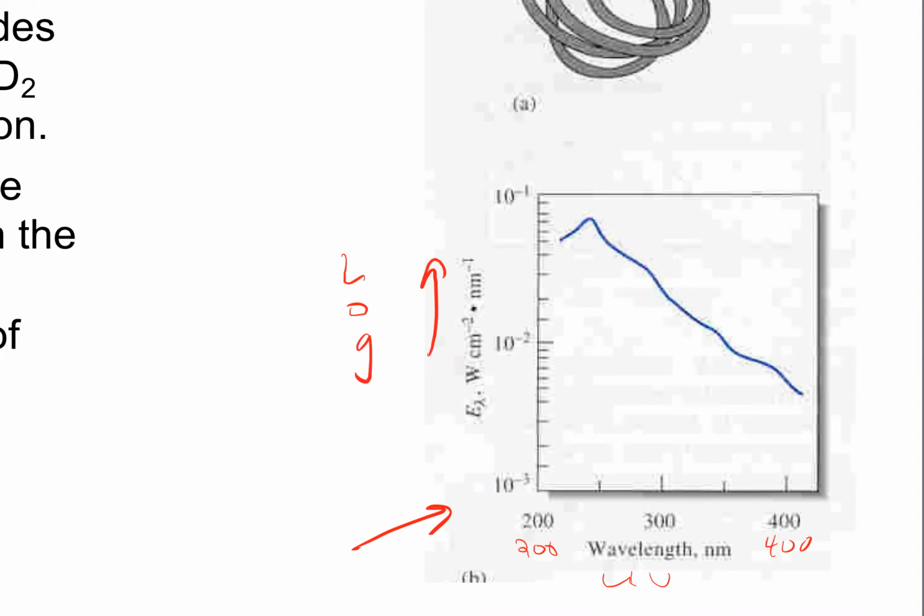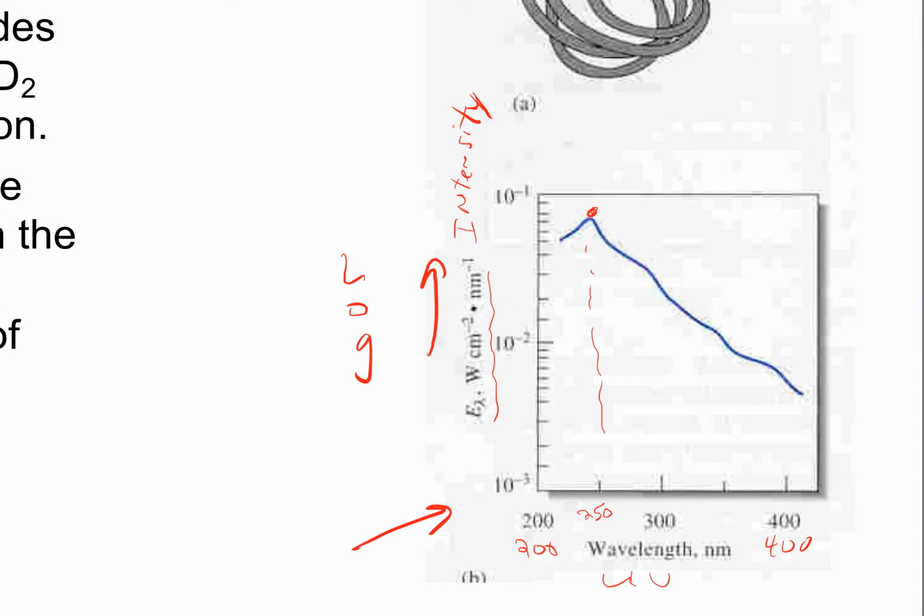Basically, what this axis tells us is the intensity or the brightness of light emitted by one of these deuterium lamps from 200 to 400 nanometers, the emission spectrum. And what we can see is the light intensity peaks right about here, somewhere around 250 nanometers. It drops off a little bit below that and then drops off more at higher wavelengths.